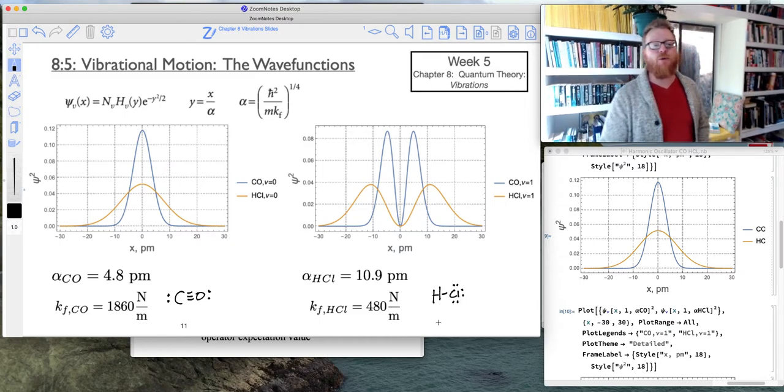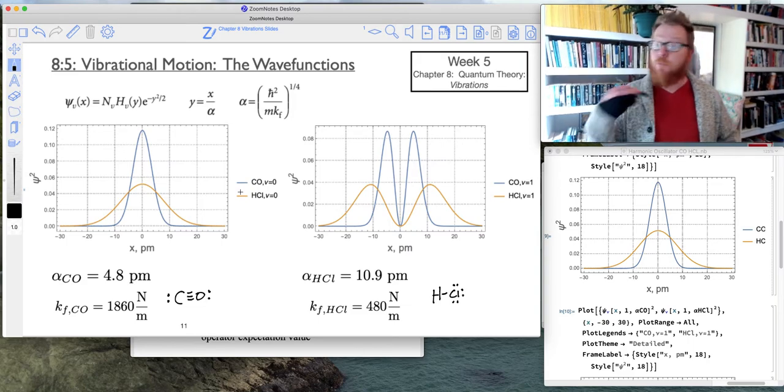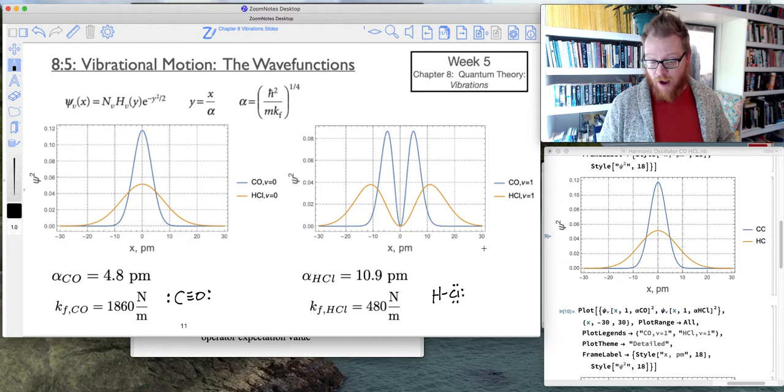What that means, if you were to now use the reduced mass, so again, this M that I used here to calculate alpha was the mass of hydrogen times mass of chlorine divided by mass of hydrogen plus mass of chlorine. And the same over here: mass of carbon times mass of oxygen over mass of carbon plus mass of oxygen.